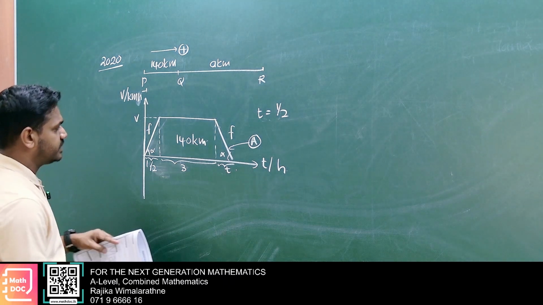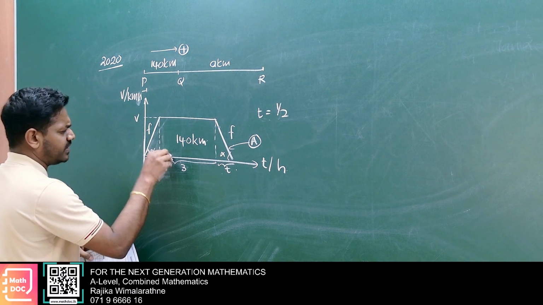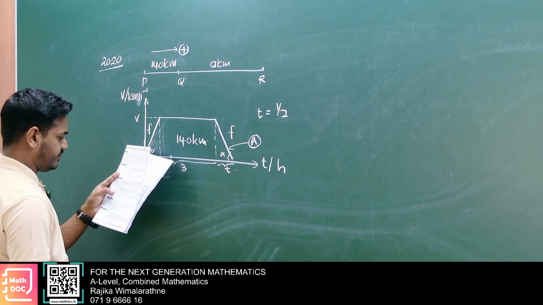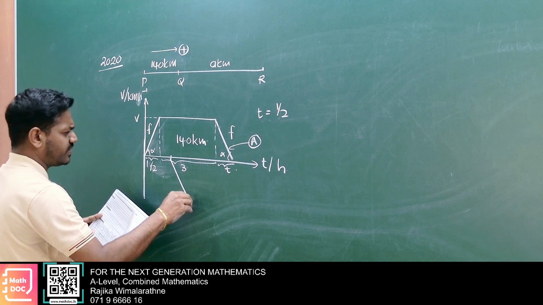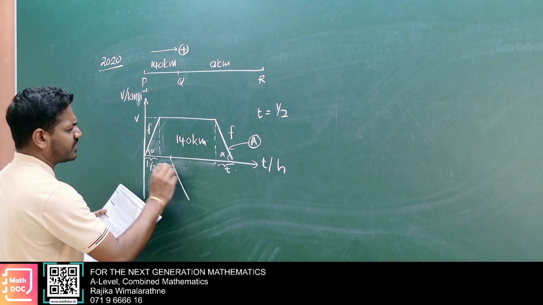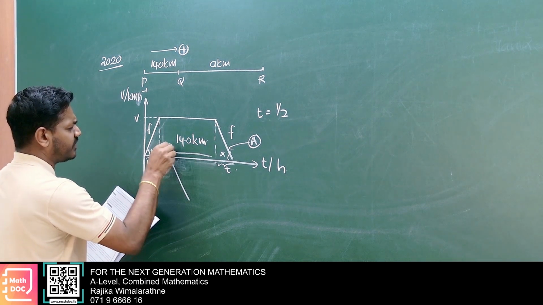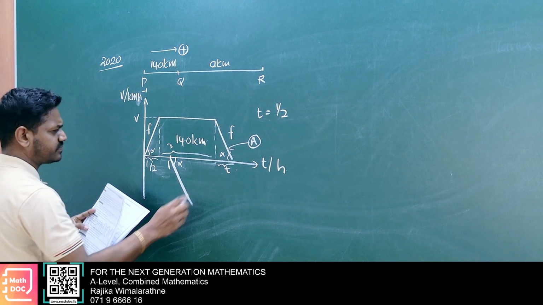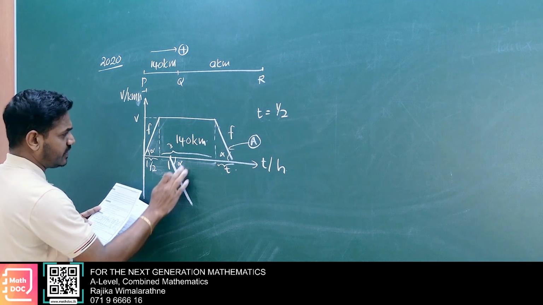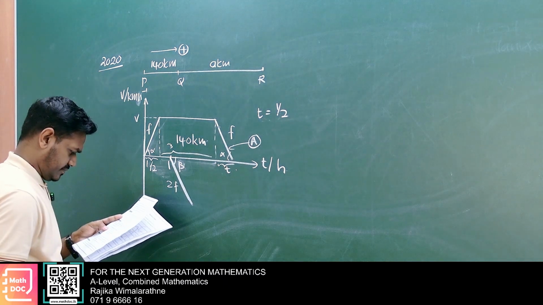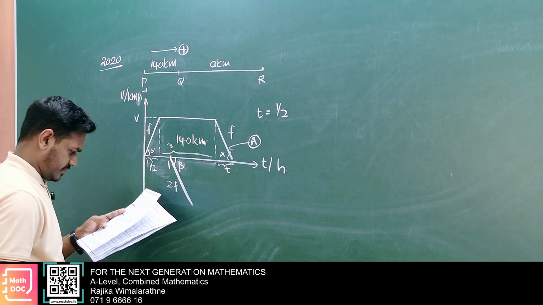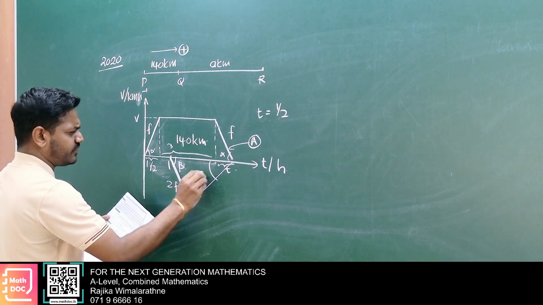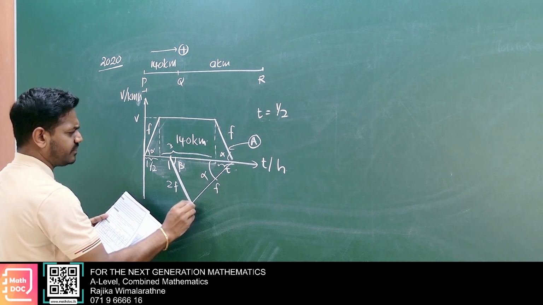At time 1 hour, somewhere here, the second train has acceleration 2F. Here take the angle beta. And retardation F, angle alpha.